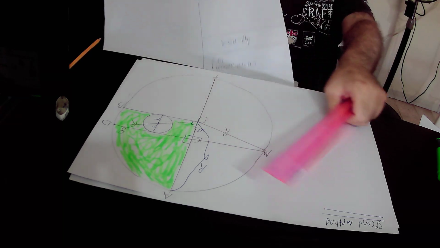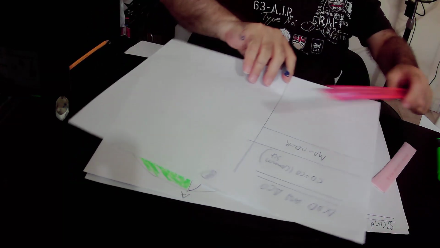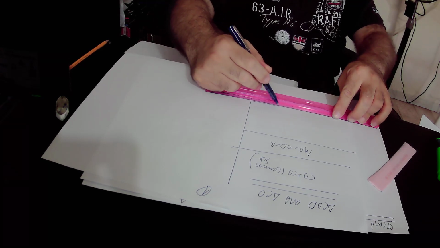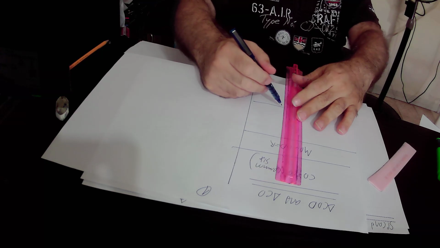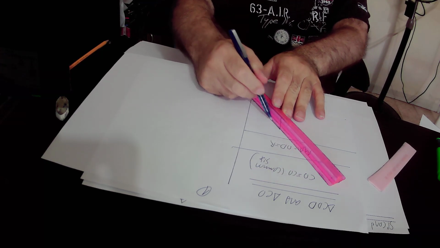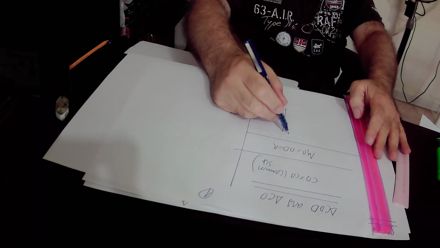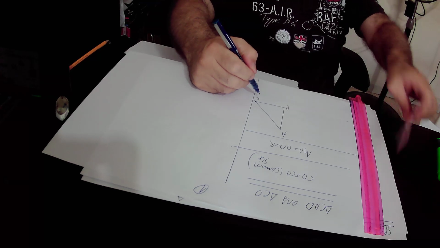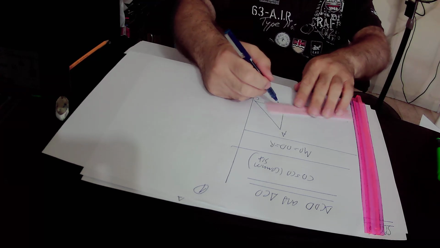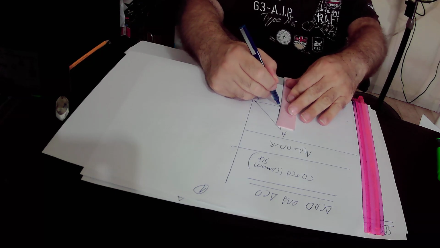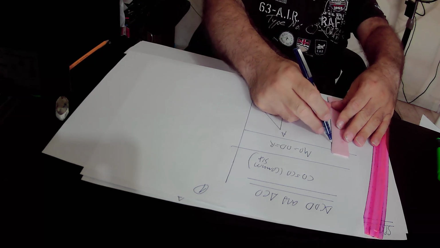I'll explain why. Because if you have, for example, two right triangles, a right triangle, triangle ABC, and another right triangle, triangle DEF.